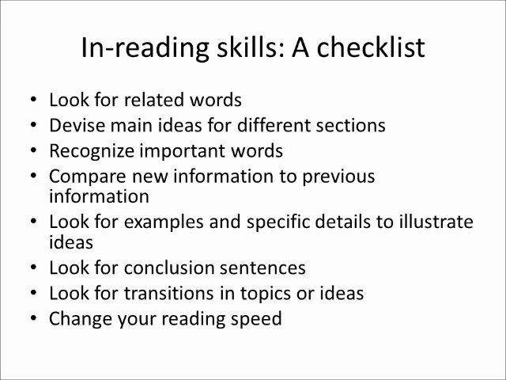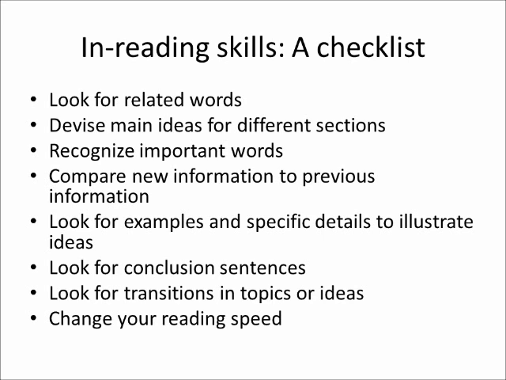In addition, words that are related to each other, looking for the main idea of different sections, looking for important words, like I did, comparing new information to previous information, like when we explored the relationship between the two paragraphs, looking for examples and specific details to illustrate ideas, like I did when the first paragraph introduced an idea and then illustrated it with an example, looking for conclusion sentences, which may lead to transitions in topics or ideas, and of course changing your speed.